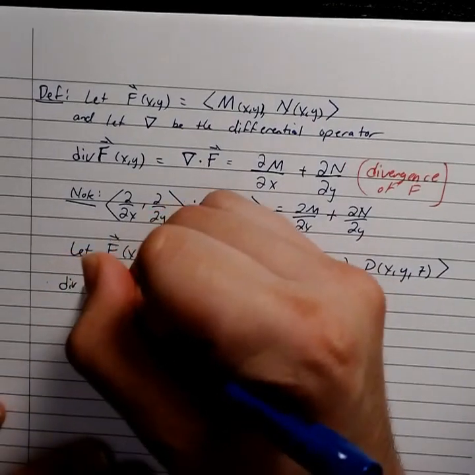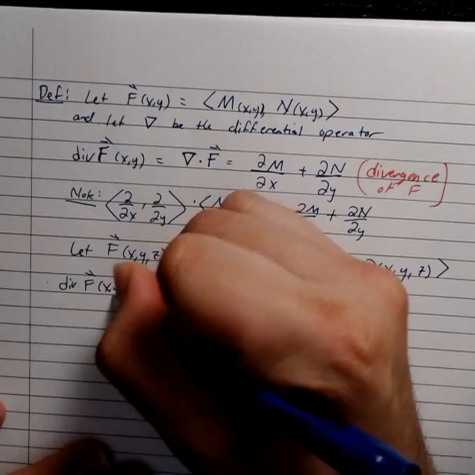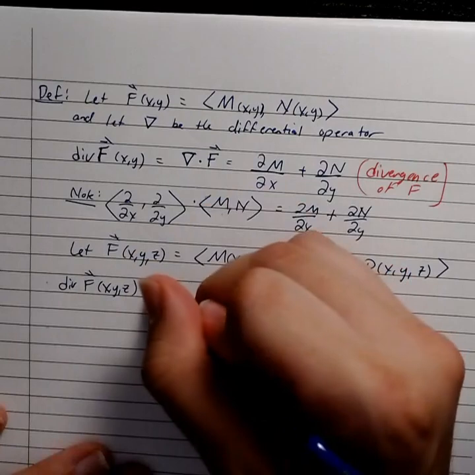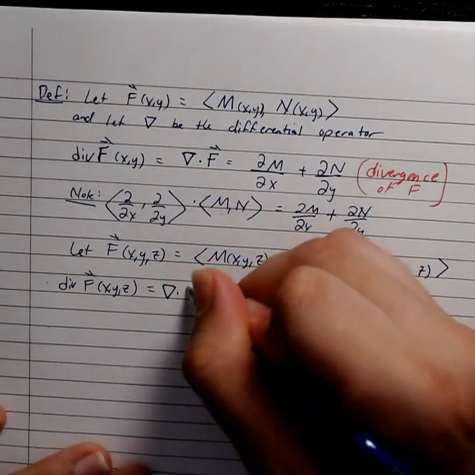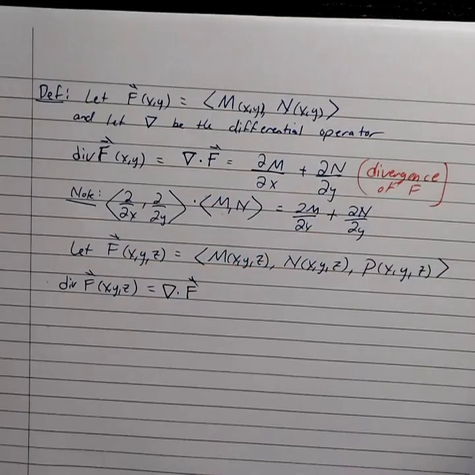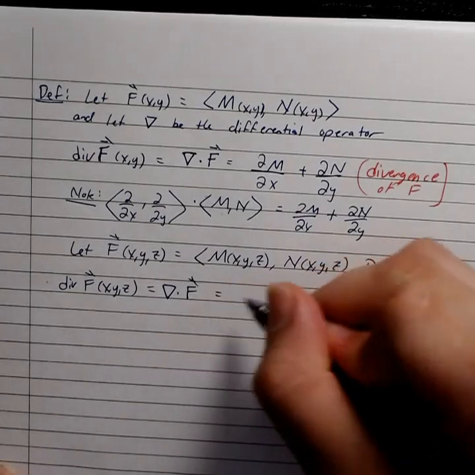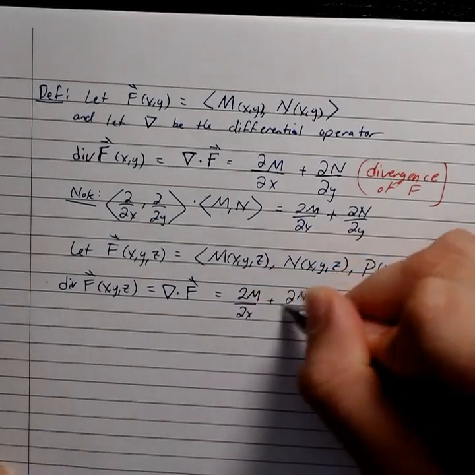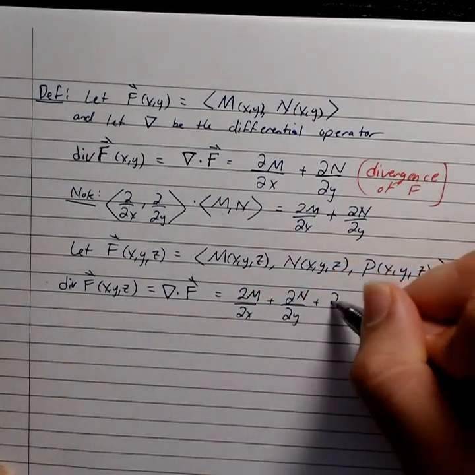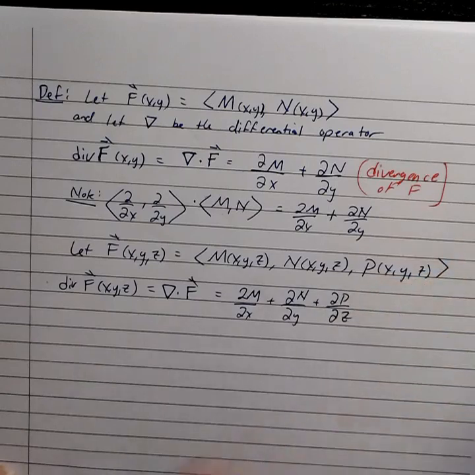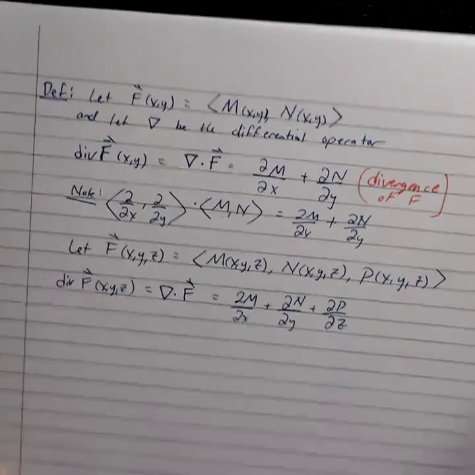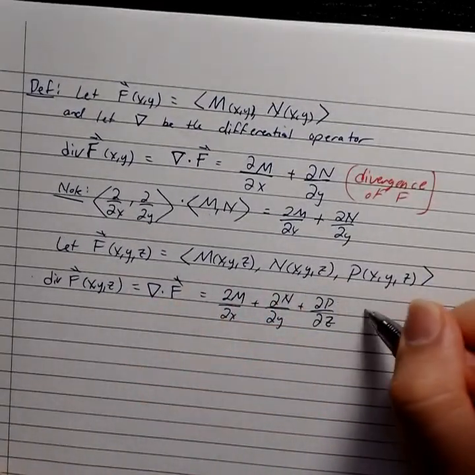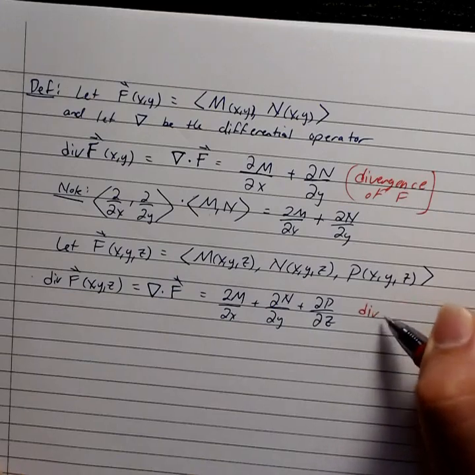Then the divergence of f at x comma y comma z, well, it doesn't take much imagination. You're just going to add the third component. This is denoted as del dot f, which can be written out as del m del x plus del n del y plus del p del z, just like that. Okay. And again, this would also be the divergence of f, albeit for an f of 3 variables, for a vector field defined over 3 variables.